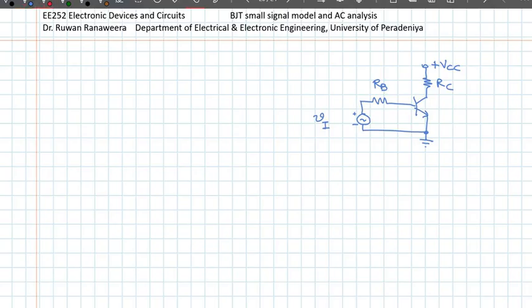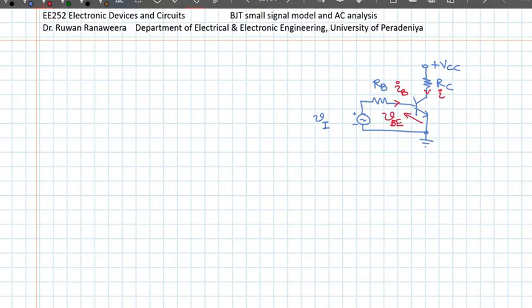So you have voltages and currents. If you look at this voltage, this is the input to the circuit, which is simple V capital BE, which means both DC and AC. And you have current, simple I capital B, again it contains both the AC and DC components.